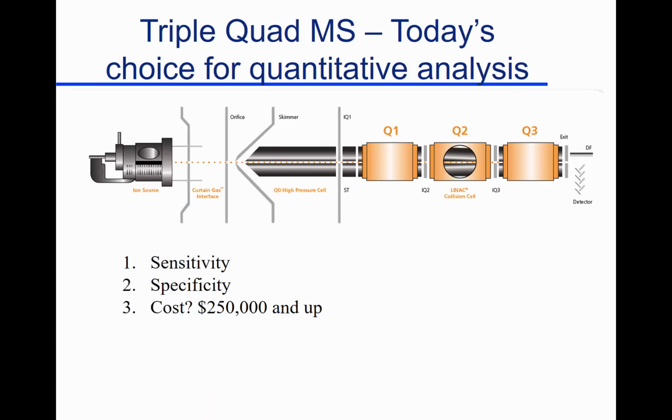So, okay, here's a triple quad MS. Basically, we can have either a GC or an LC, putting our sample in here, doing our bombarding, doing our separation, and we'll finish our separation here, then we'll actually bombard a fragment of that again. What we want to make sure is that when we get a spectrum, the spectrum may be fairly similar, but they could be made up of different masses.